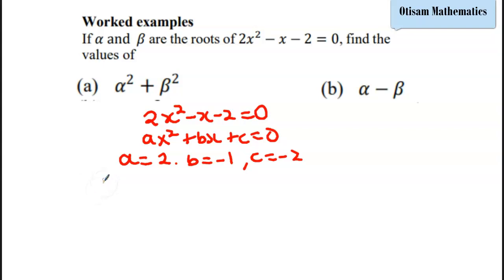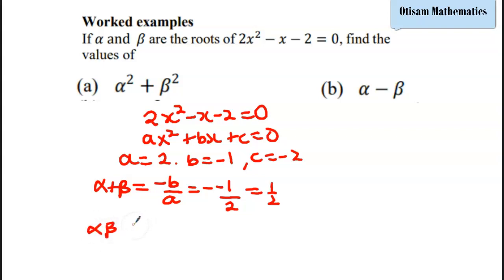Now we know that the sum of roots alpha plus beta is equal to minus b on a. So you just substitute minus minus 1 on 2, which is 1 on 2. And then alpha beta is equal to c on a, which is equal to minus 2 on 2. So you are going to get minus 1.